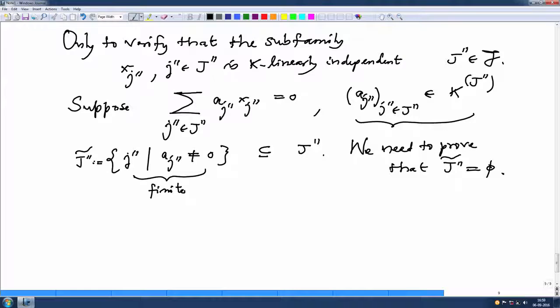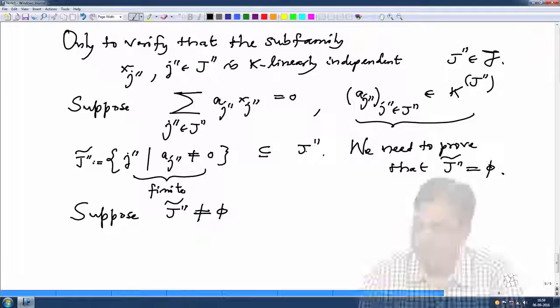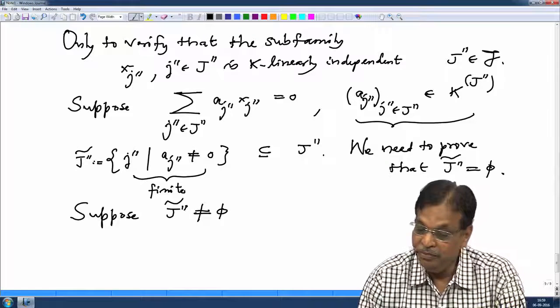That means all a_j are 0, and then we would prove that they are linearly independent. Okay. So suppose it is not, then we should arrive at a contradiction. So suppose J double prime tilde is non-empty, but it is a finite set and they are all elements of J double prime.